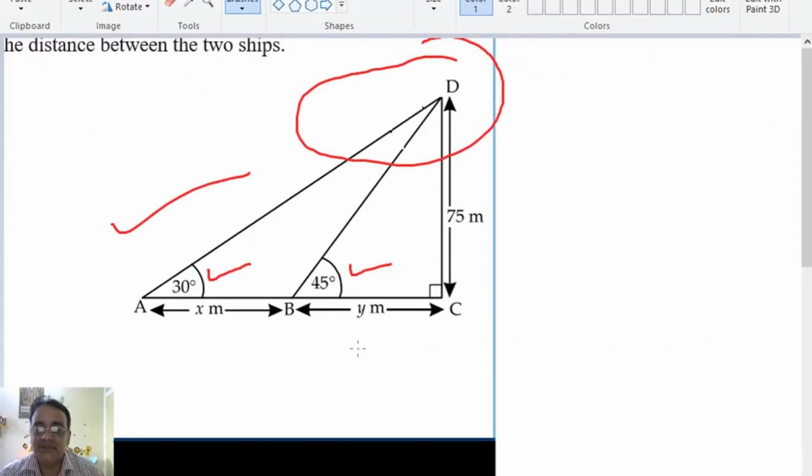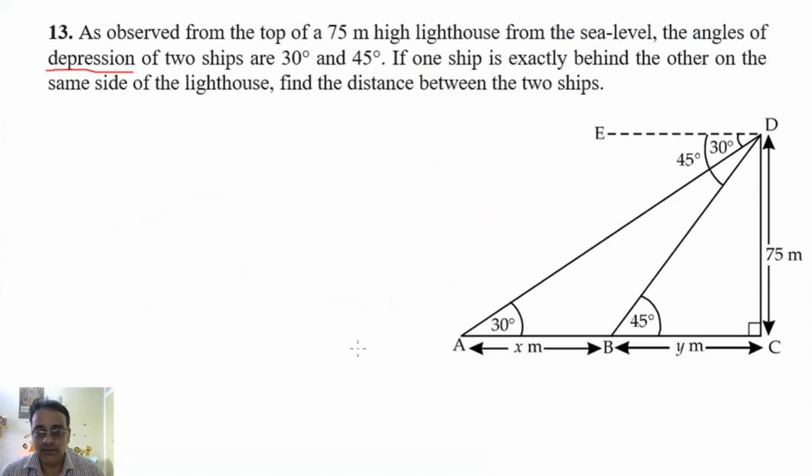So if the figure is wrong, your whole solution will be wrong according to the previous instruction of CBSE 3 years before. Now they consider it a little, but you have to be very careful about questions based on angle of depression. Okay?